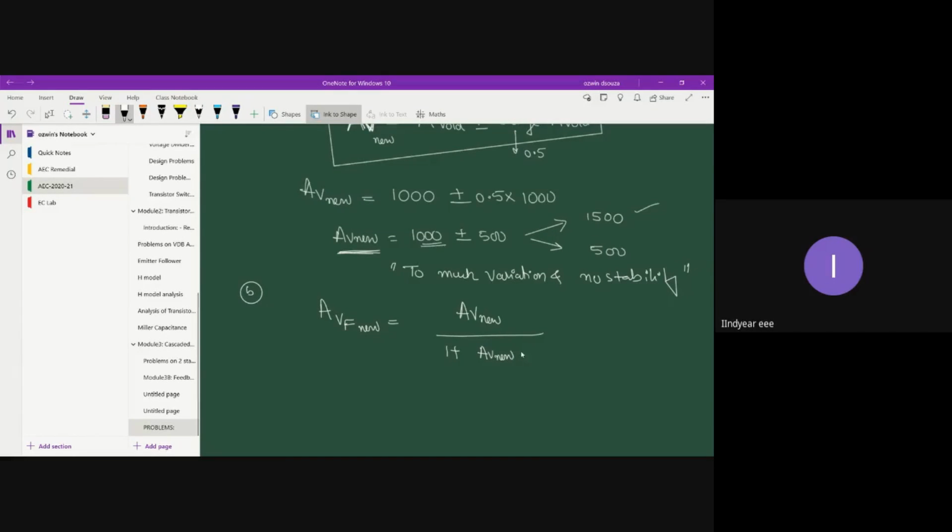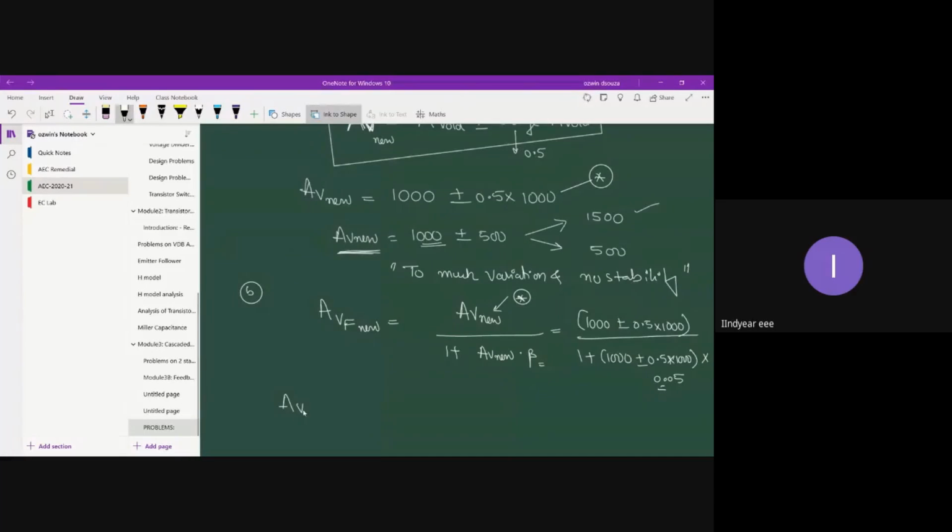What is AV new? We have this formula, right? So AV new is nothing but 1000 plus or minus 0.5 into 1000, divided by 1 plus 1000 plus or minus 0.5 into 1000 into 0.05, which is the feedback factor.